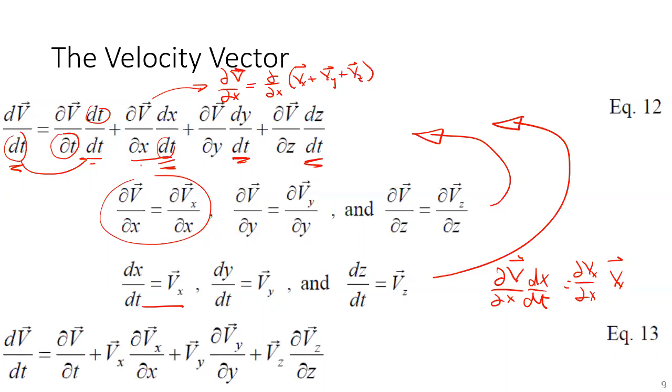These three terms are known as convective accelerations. This one is known as normal or local acceleration. What does this mean? It means if I go from this point and I move just in the x direction, the velocity changed.